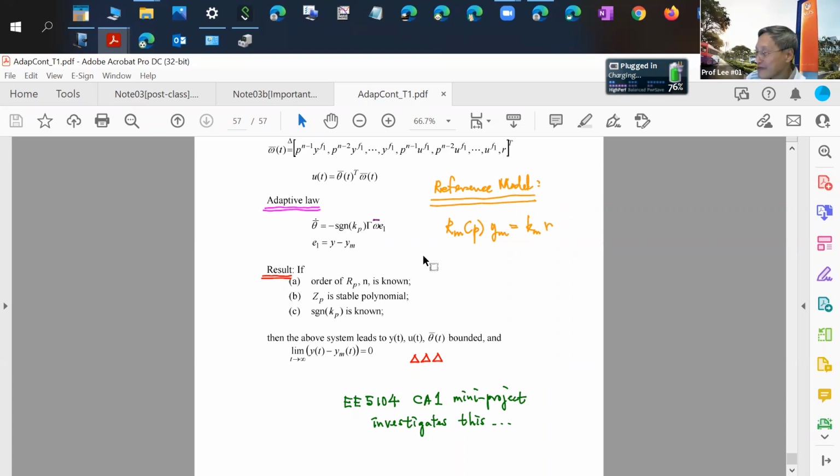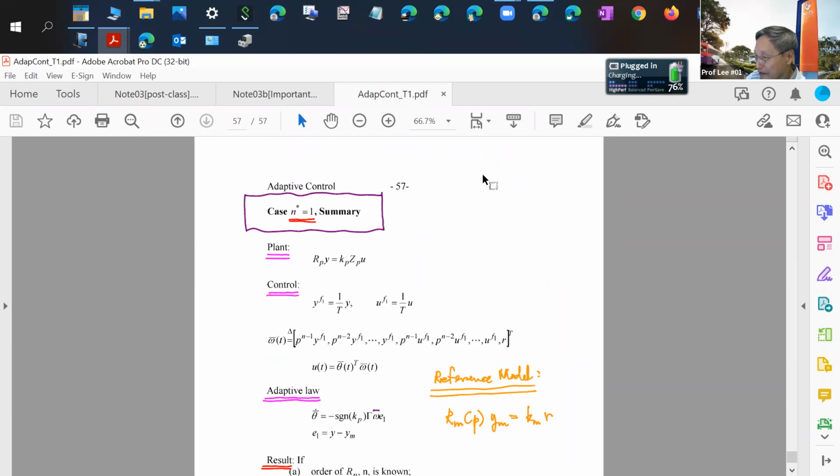But I forced them to handle the more difficult case of relative degree greater than 1, all right? But you see, insofar as the system, the control is concerned, it doesn't matter whether it's relative degree 1 or relative degree greater than 1. Up to this part, the control, everything works as long as it's of order n.